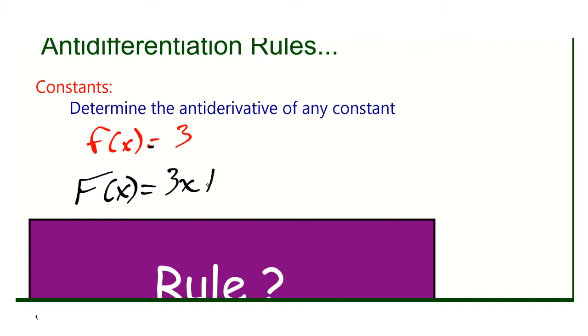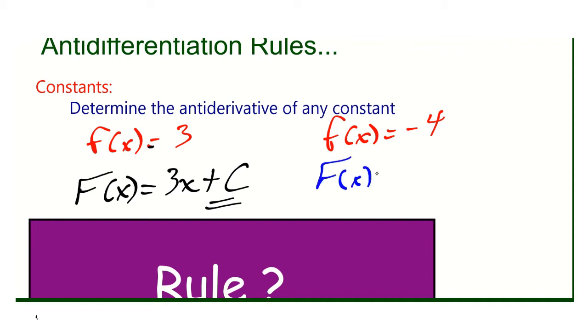But you have to remember that there could have been some other number at the end, because if I had 3x plus 7 and took the derivative, I'd still get 3, because the derivative of a constant is 0. If my function to start out with, f of x, was negative 4, well, the function I must have taken the derivative of that gave me that answer must have been negative 4x plus some constant c.